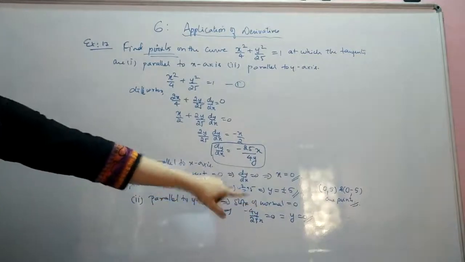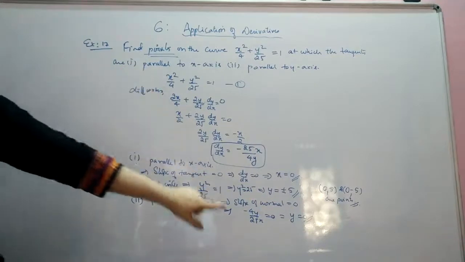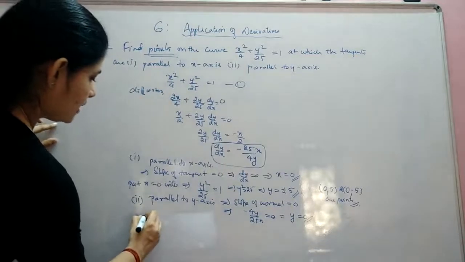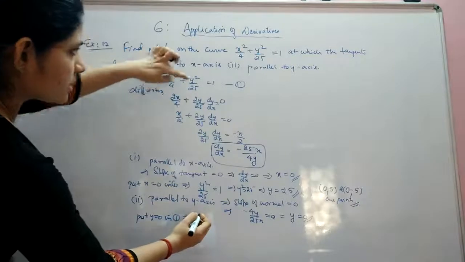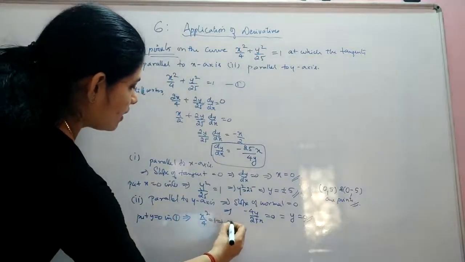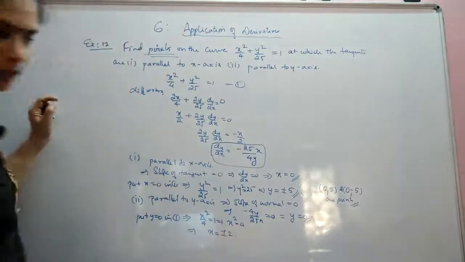Now since y is equal to 0, again we need to substitute in the equation of the curve so that you will get the x value. Therefore, put y equal to 0 in equation 1, which will give you x square by 4 is equal to 1, or x square is equal to 4, which will give you x is equal to plus or minus 2.